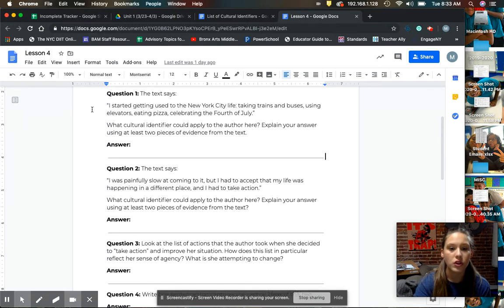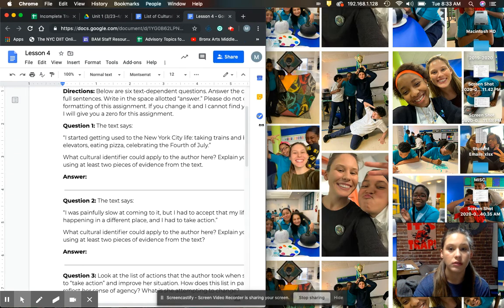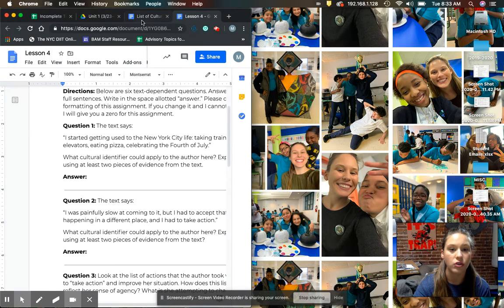So question 1 states, the text says, "I started getting used to New York City life and taking trains and buses and using elevators, eating pizza, celebrating 4th of July." What cultural identifier could apply to the author here? So we have to look at this list and figure out how we break down this quote into cultural identifiers.